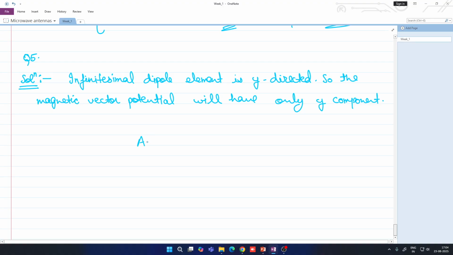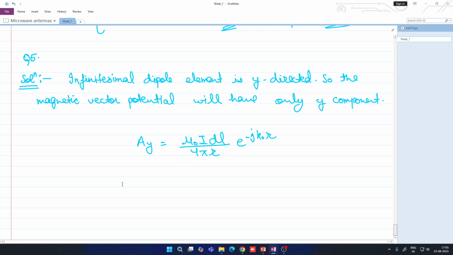So A_y is given by, definitely there won't be any A_z component here in the vector potential, because the antenna is directed along the y direction. So A_y is mu naught I dl divided by 4 pi r into e to the power minus j k naught r.